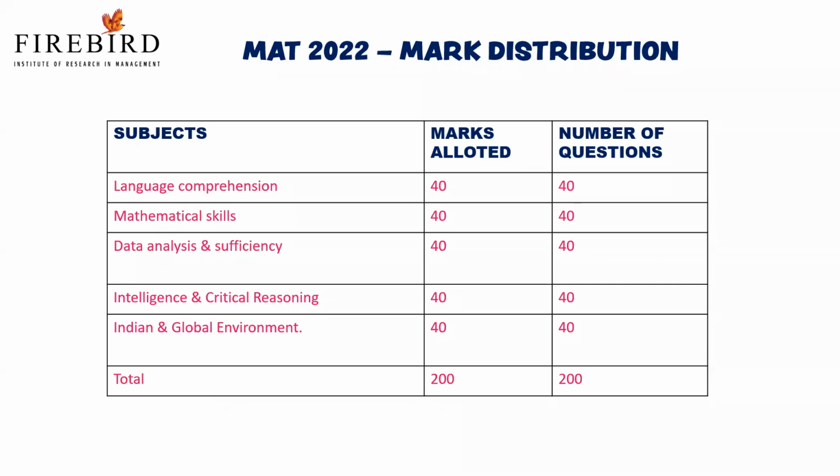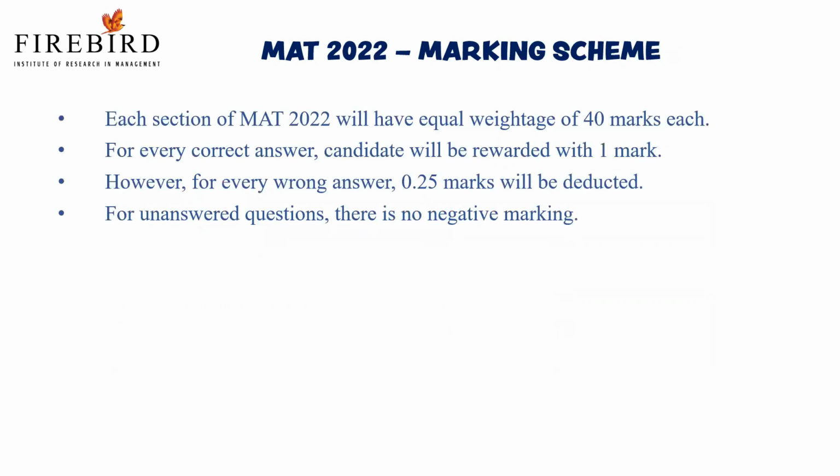When it comes to marks allotted, language comprehension: 40 questions, 40 marks. Mathematical skills: 40 questions, 40 marks. Data analysis and sufficiency: 40 questions, 40 marks. Intelligence and critical reasoning: 40 questions, 40 marks. Indian and global environment: 40 questions, 40 marks. So there are totally 200 questions and you have to answer for 200 marks.